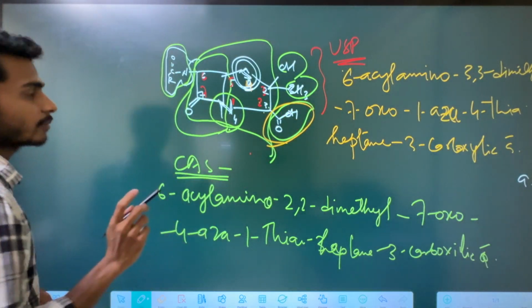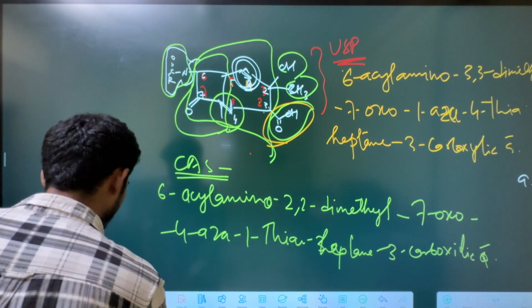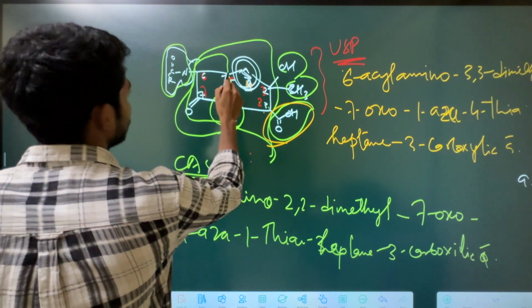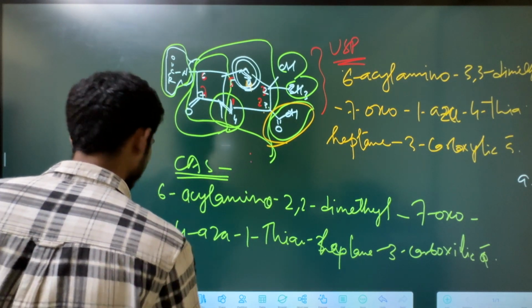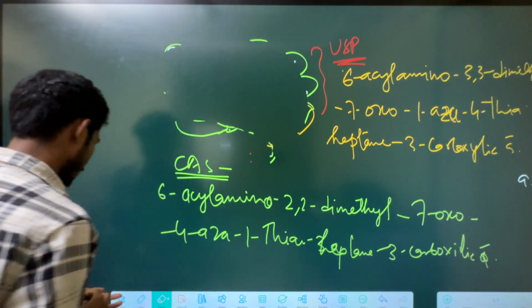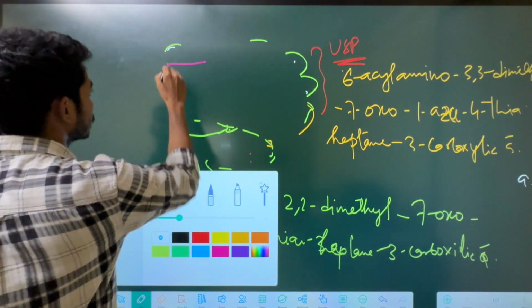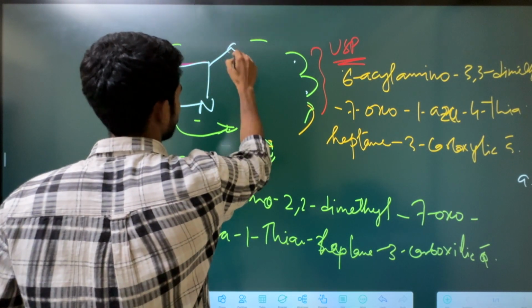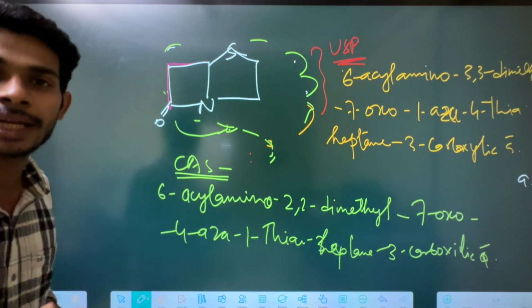Next, number 3. Number 3 is very easy, that is the derivative of penam. So this complete structure is called penam. Let me draw the structure again. Okay, in that, this is completely called penam, right?